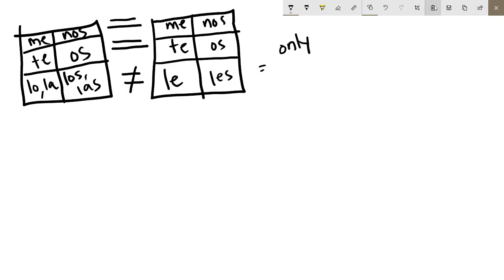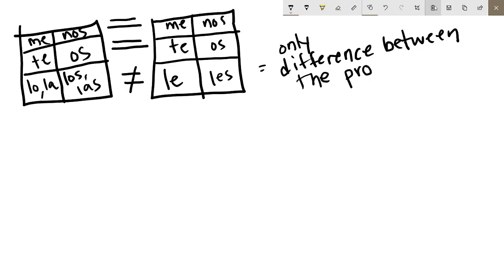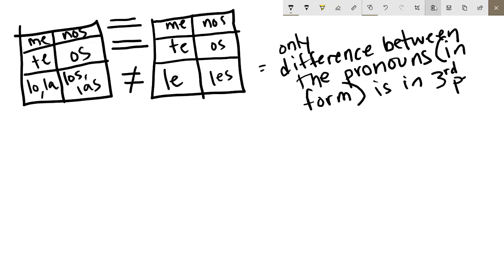Only difference between the pronouns in form is in third person. Okay? Right? So, we're going to speak about double object pronouns.